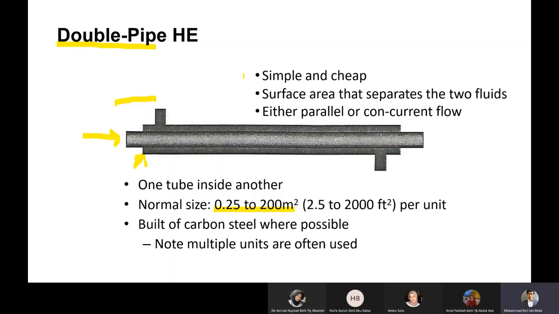It's simple, easy to design compared to the previous plate and frame heat exchanger. It's simple and cheap. The area between the tubes is the effective area for the heat exchanger, and the system can run either parallel or concurrently.